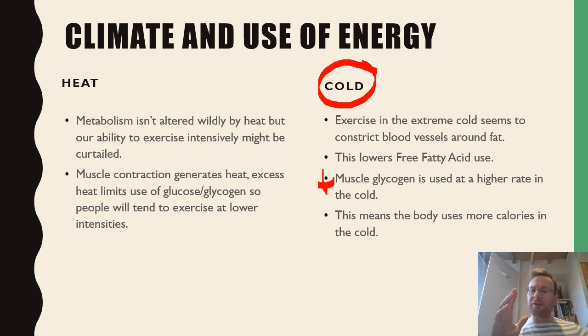Glycogen, not quite so much. So it means that we burn through our stores of fuel a little bit more quickly. And we'll see in a minute, glycogen is a key determinant of fatigue. So exercise in the cold tends to limit our use of fatty acids and increases our use of glycogen.